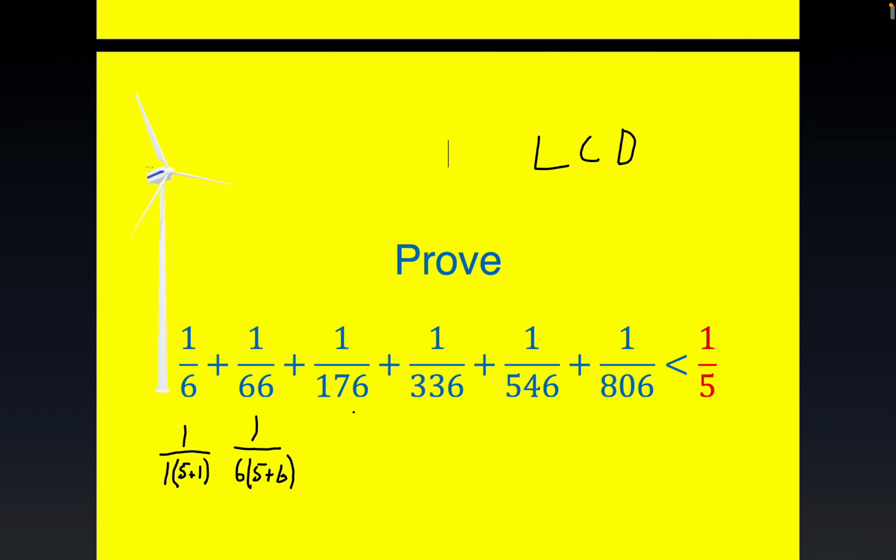This third one is 1 over 11 times 5 plus 11. And you see this is 11 times what, 16 right here, and 11 times 16 is 176. And you can find the rest of these denominators are in this form, okay?